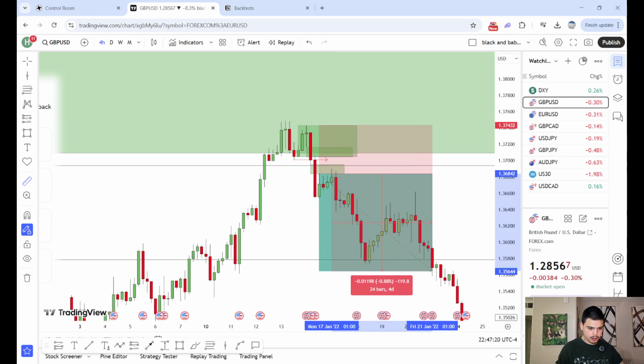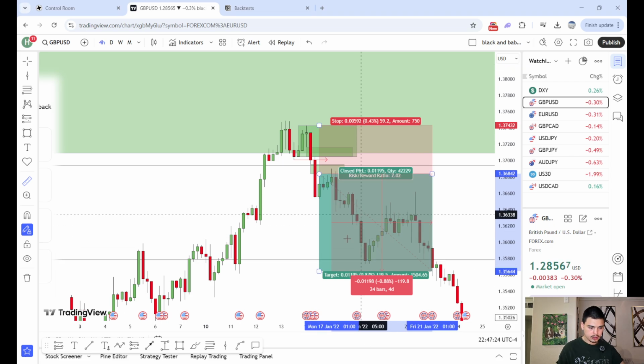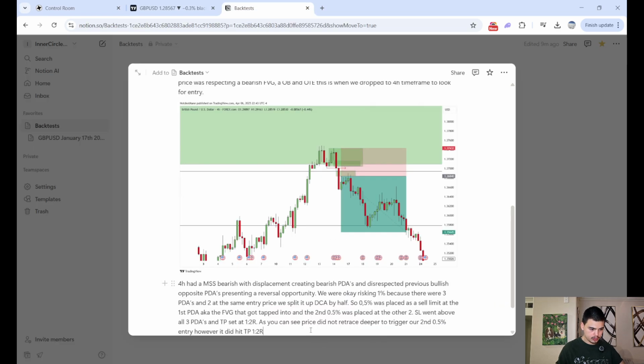It hit 1 and 2 R in 4 days. Entry happened during London session, 1 a.m. EST, period.